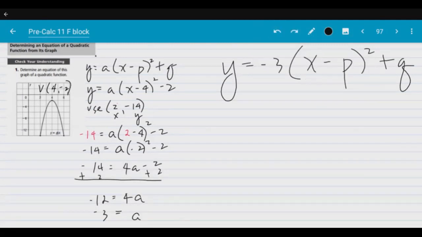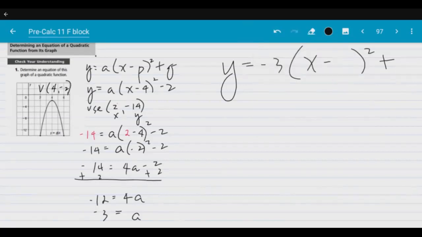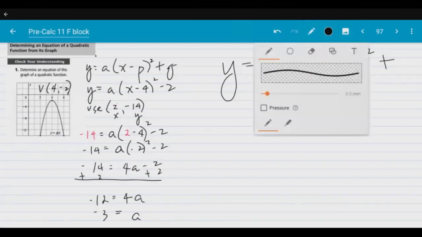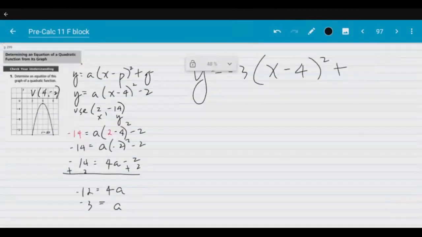I will replace the p and the q with the p and q values of the vertex. And this one will be 4 plus -2, or just -2. All right, and there is your answer. There is your equation for this parabola.